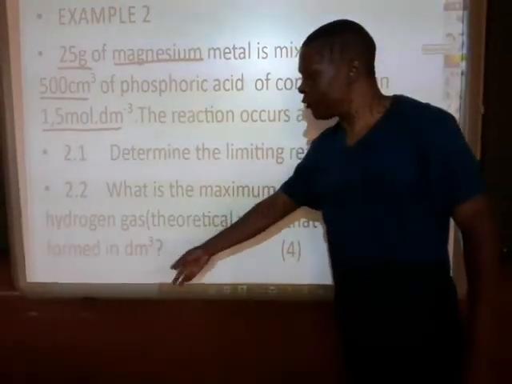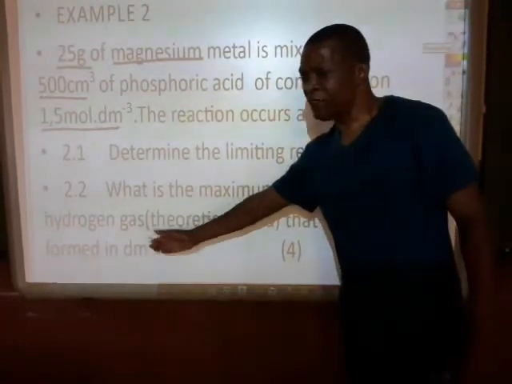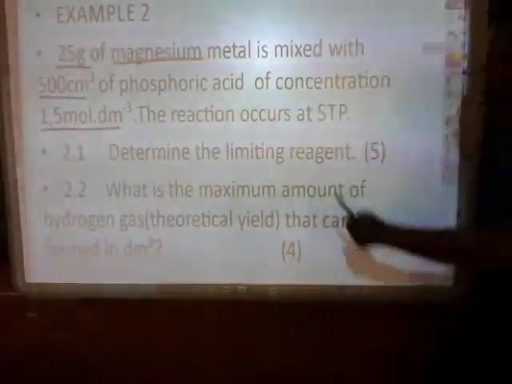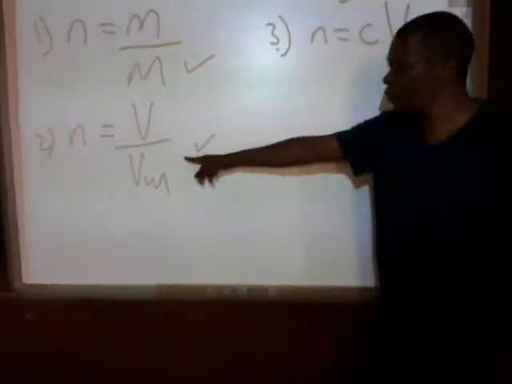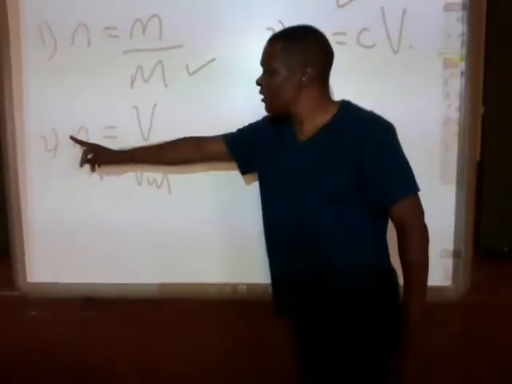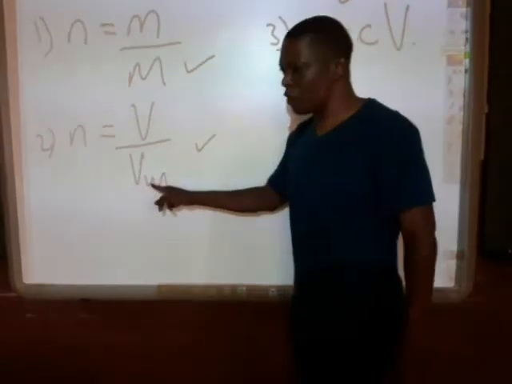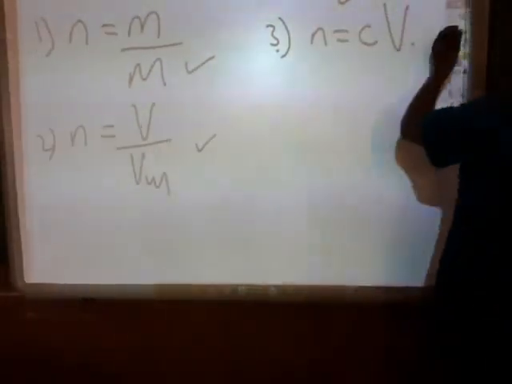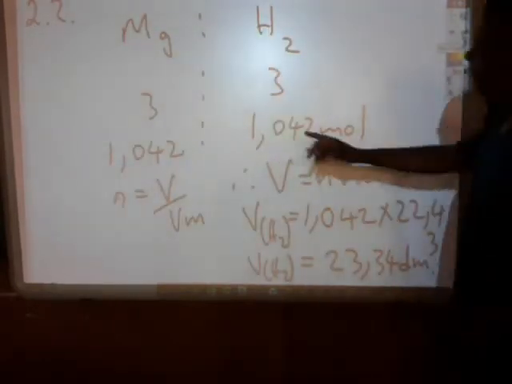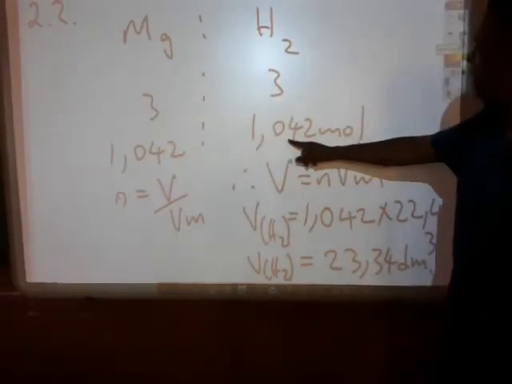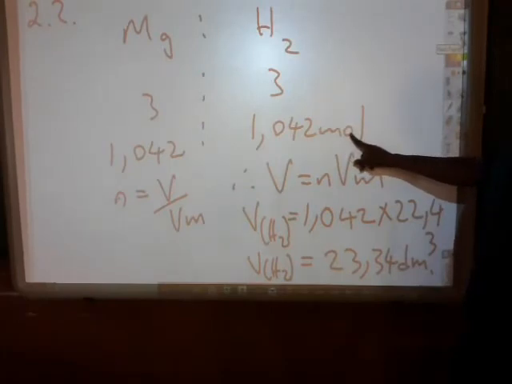So you must convert the theoretical yield given in moles to the theoretical yield in cubic decimeters using this formula. We are going to convert 1,042 moles of hydrogen, which is our theoretical yield in moles, to volume.